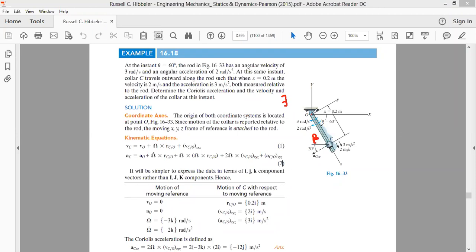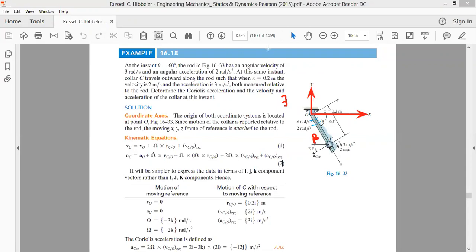So let's suppose this point O is the origin of our ground frame of reference, and we take an axis in this direction, write it with capital X. This is the x-axis of our ground frame of reference, and this is the y-axis. So this defines our ground frame of reference.